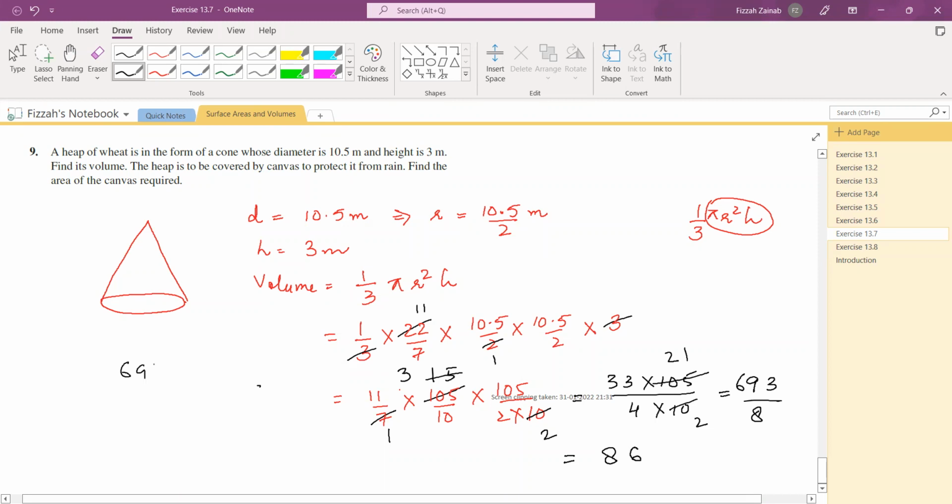So 53. Now 8 into 6 is 48. And then you are left with 5. So put a decimal and 0. Then again 8 into 6 is 48. Then 20. Then 8 into 2 is 16, right? So I'm getting 86.62 meter cube as the volume. Is this right?